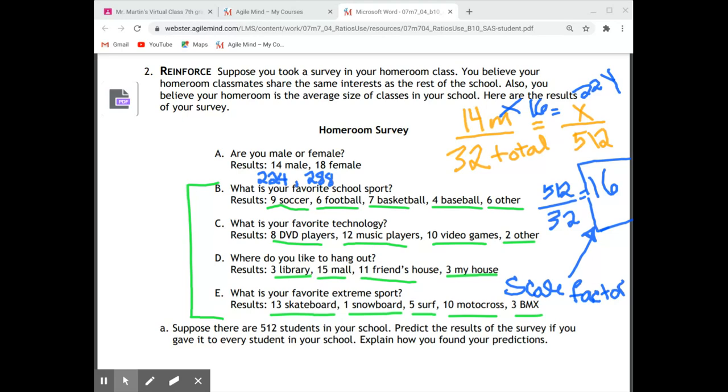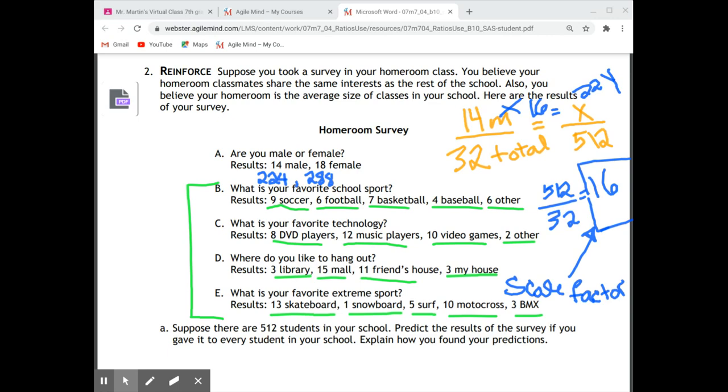Mr. Martin, I don't really understand what we're supposed to solve because there's not really a direct question for it. Okay, so just like what we did before, we are going to take each one of these. For instance, this first one's 9 soccer players are what they surveyed in their classroom, and 9 people like soccer out of 32.